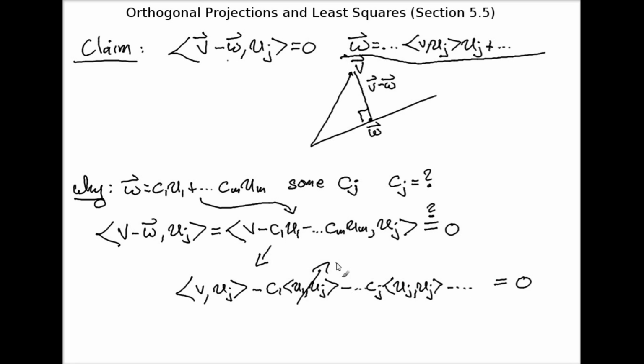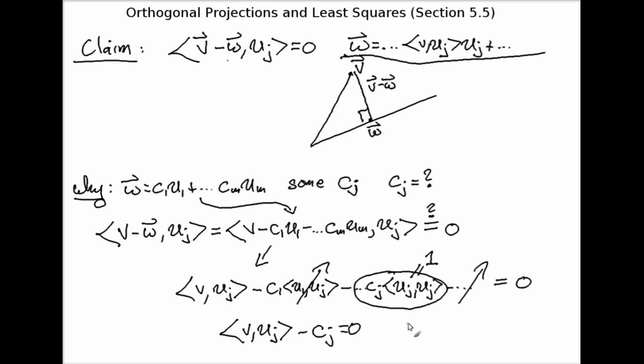All of these terms are 0 except for this one where you pair uj with uj, in which case this is 1, and you get that the inner product of v and uj minus cj is equal to 0, and that's what I was claiming. cj is equal to the inner product of v and uj.